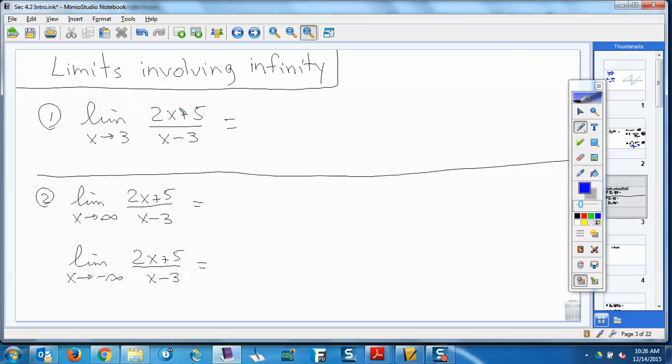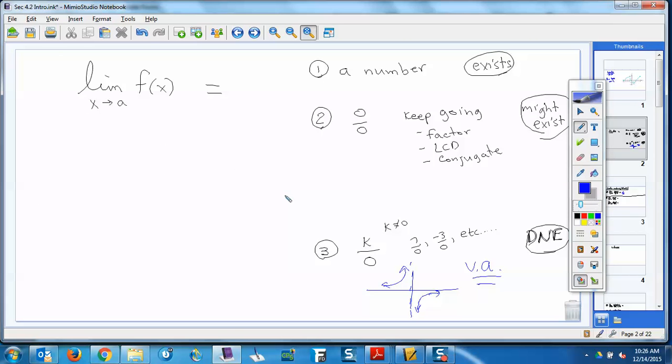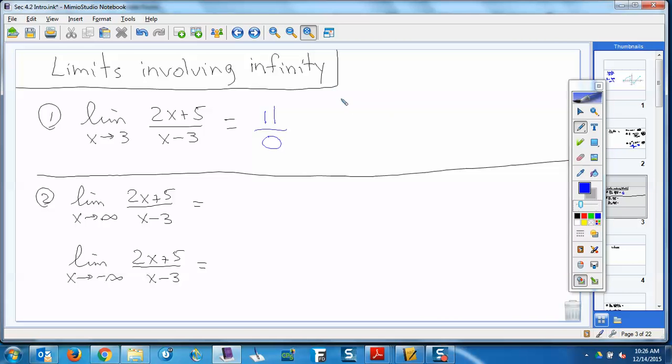So what do we get when we plug in a 3? Right? Get 11 over 0. So we go back to this previous page, and we're down there on choice 3. Right? So as soon as we get 11 over 0, right away we are going to say, does not exist. But we're not going to stop there.